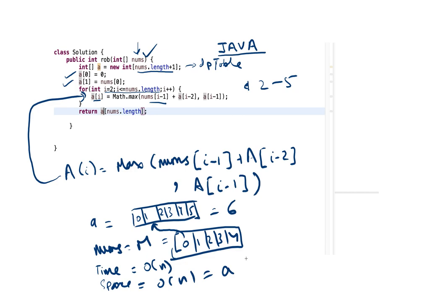So when you are done iterating over the for loop, the last entry in this particular array will hold the result of the last sub problem, which is actually the maximum amount of money which can be stolen when all the houses on the street are being considered for robbing.